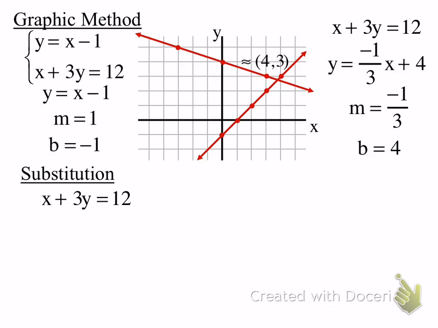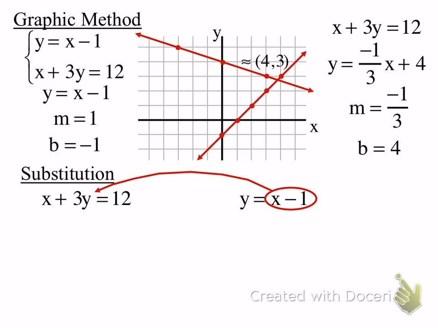So if I do substitution, notice my y is alone, so I can substitute the entire quantity x minus 1 for the y. And over here it says 3y, which means 3 times y, so 3 times the quantity x minus 1 is what I substitute in. Now this part you can write.